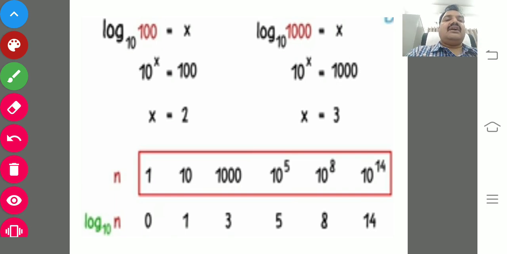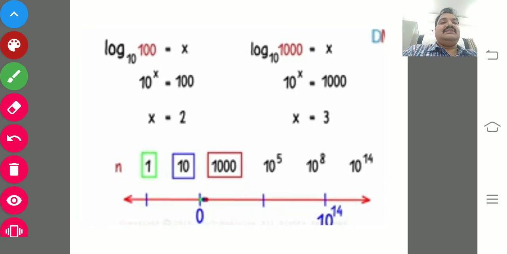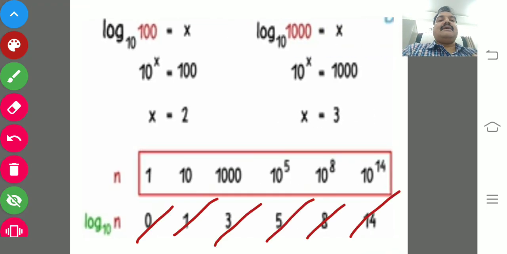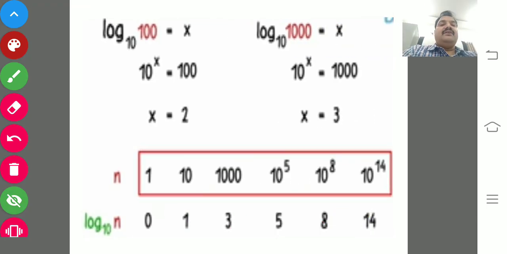In a real life example, representing the values from 1 to 10 power 14 on a number line is highly impossible, because 10 and thousands are very close to 0.